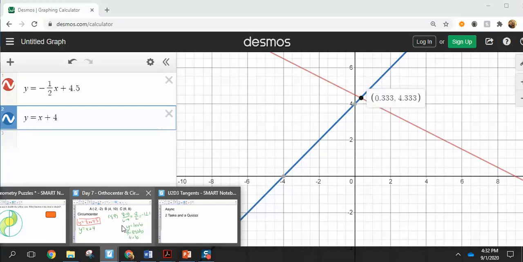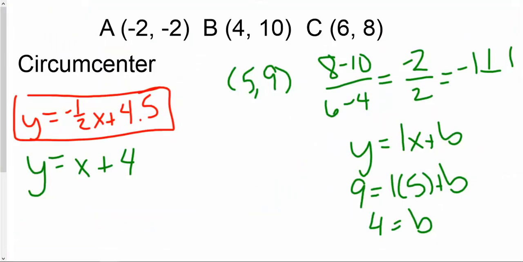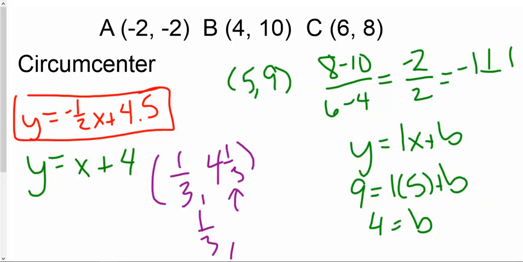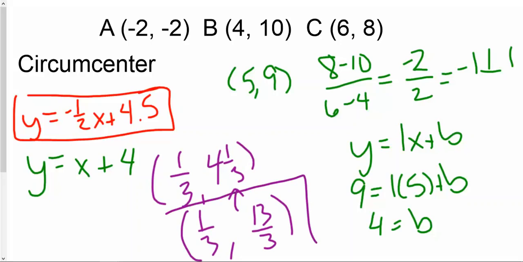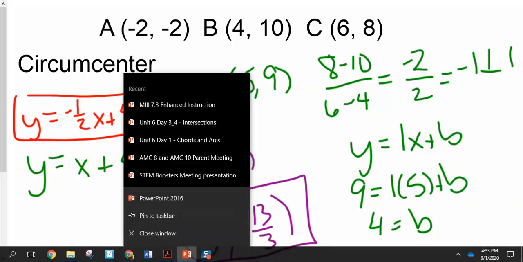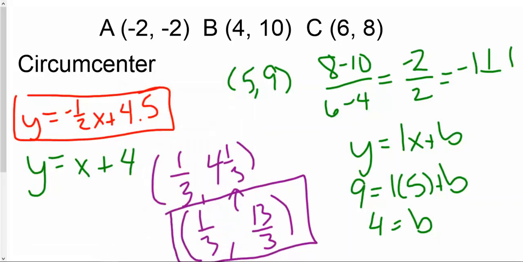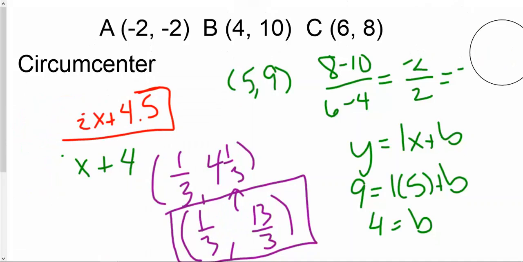So we go back to our problem. We got 1/3, 4 1/3. The only thing I would change is I don't really like 4 1/3. I'd rather that be an improper fraction, which is 13/3. So my final answer for the circumcenter would be 1/3, 13/3.